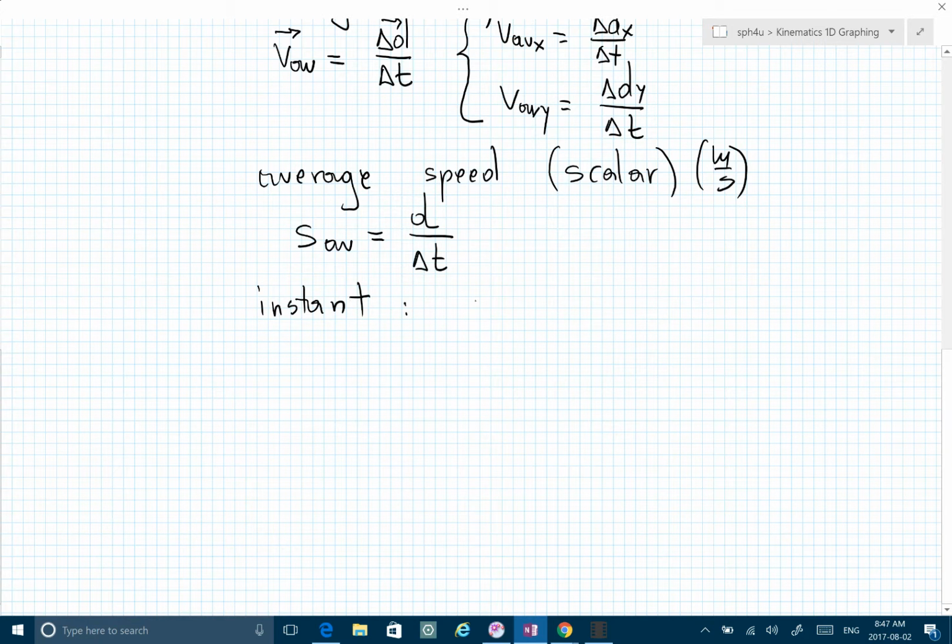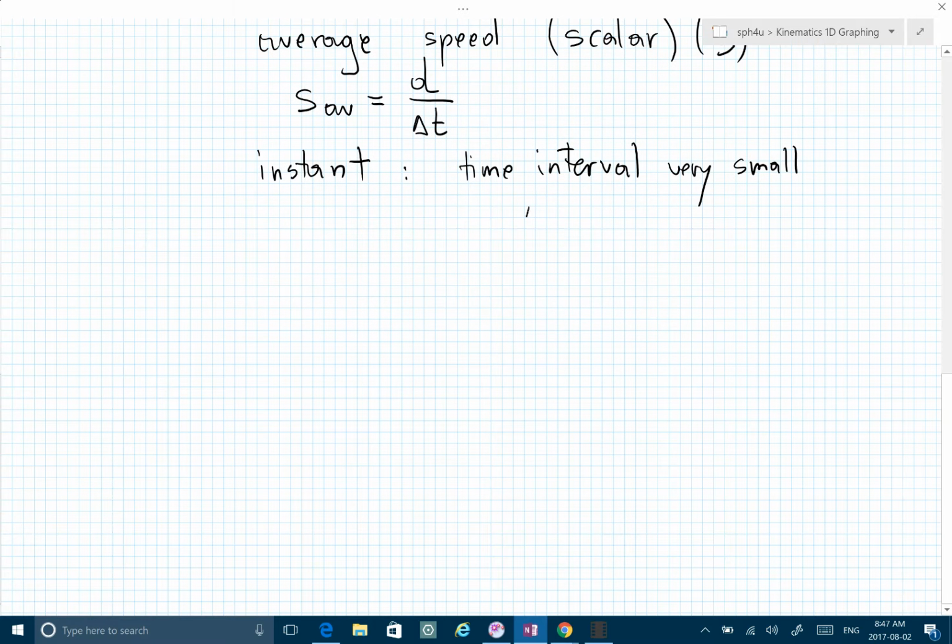An instant is a time interval at a particular point, a time interval that is very small. How small? As small as it can be. So the smallest is something that approaches zero, but can never become zero. Scientifically, actually, an instant can never be zero, right? We go into the quantum world if we talk about that.